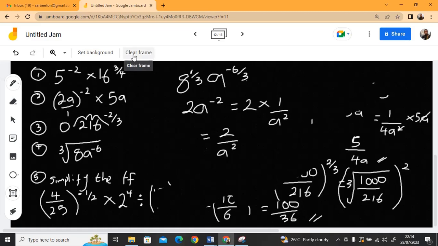Let me clear this frame. I'll write the question again, then we'll solve more questions on these indices. Now the next one, this is the question.